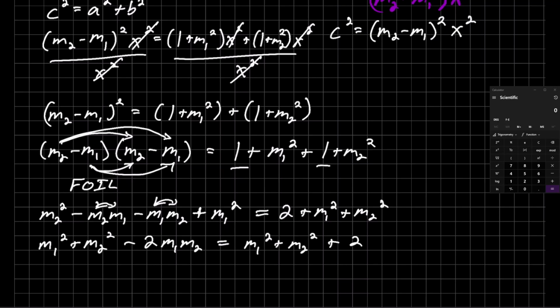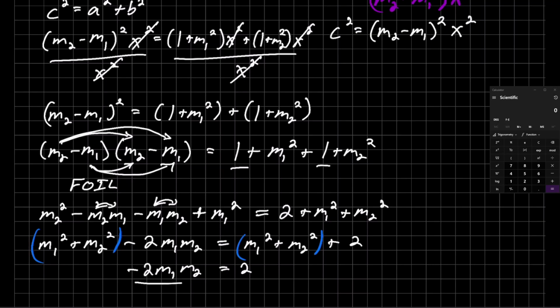Now, I've got m1 squared plus m2 squared on both sides. I can subtract that from both sides, and it gets rid of them. And so I end up with minus 2 m1 m2 is equal to 2.